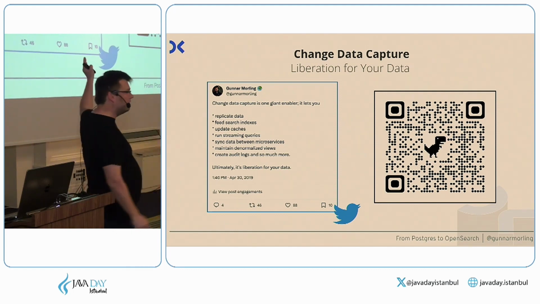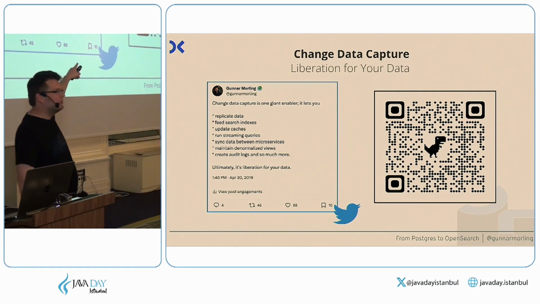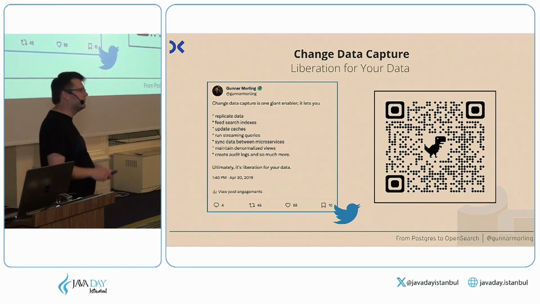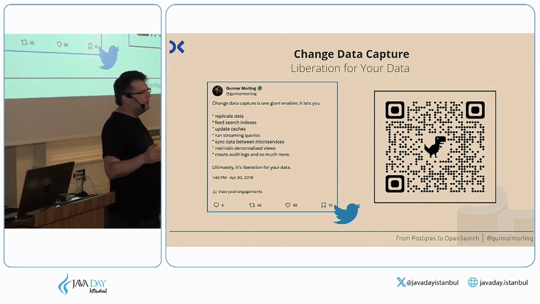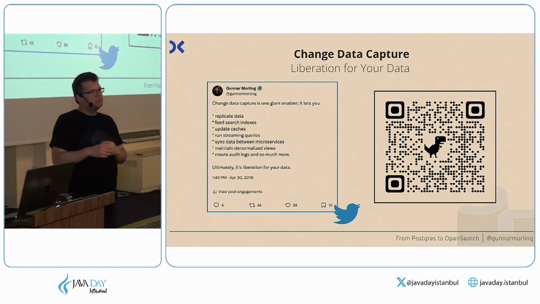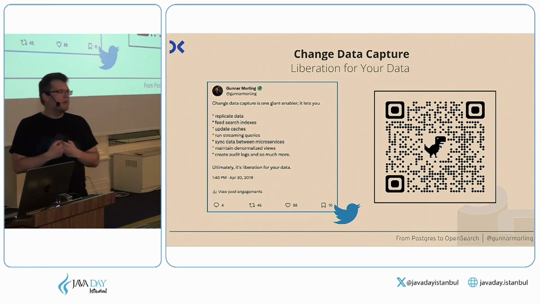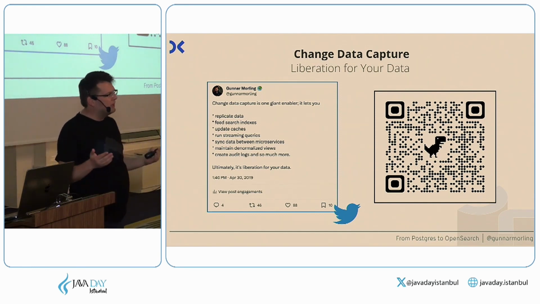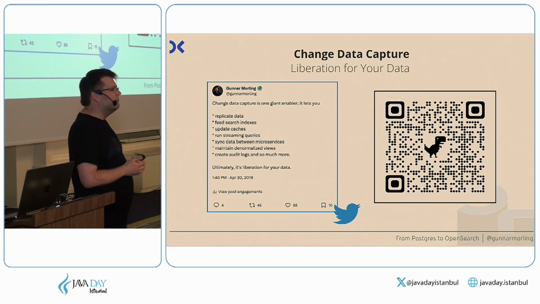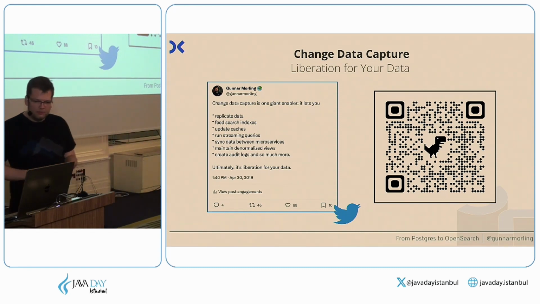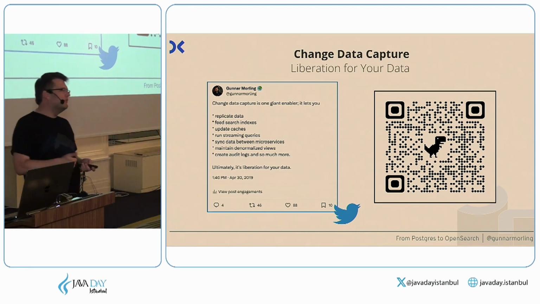So there are tons of use cases. By the way, I wrote a blog post about some of the use cases. You can take this QR code and read about it. But really, for instance, you could use CDC for replicating your data into something like a data warehouse or Snowflake or data lake. Or a search index, which is the use case I'm going to talk about today. People use CDC for updating caches.